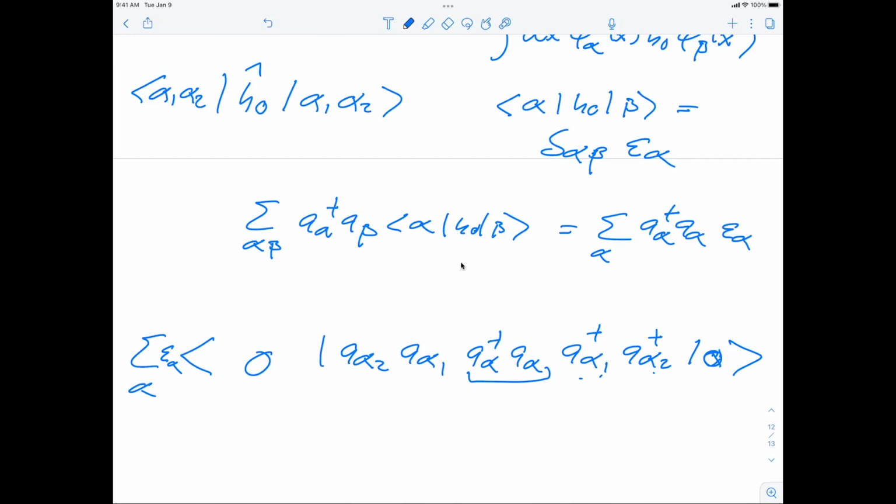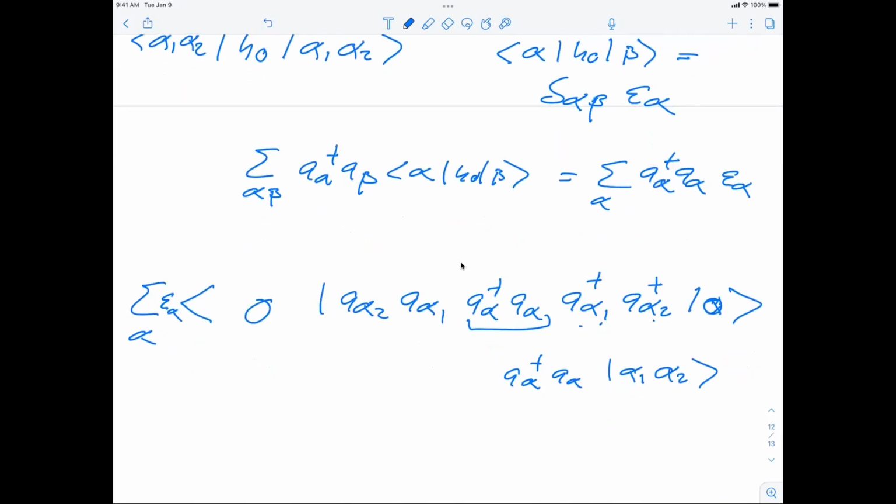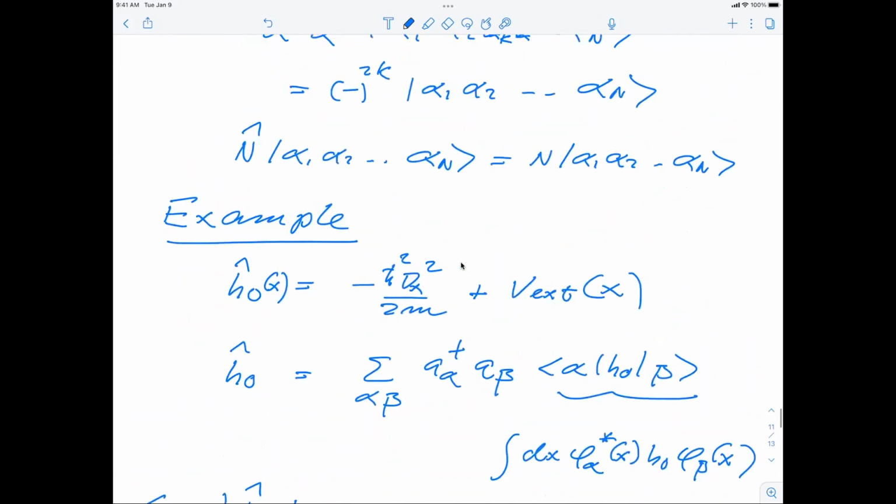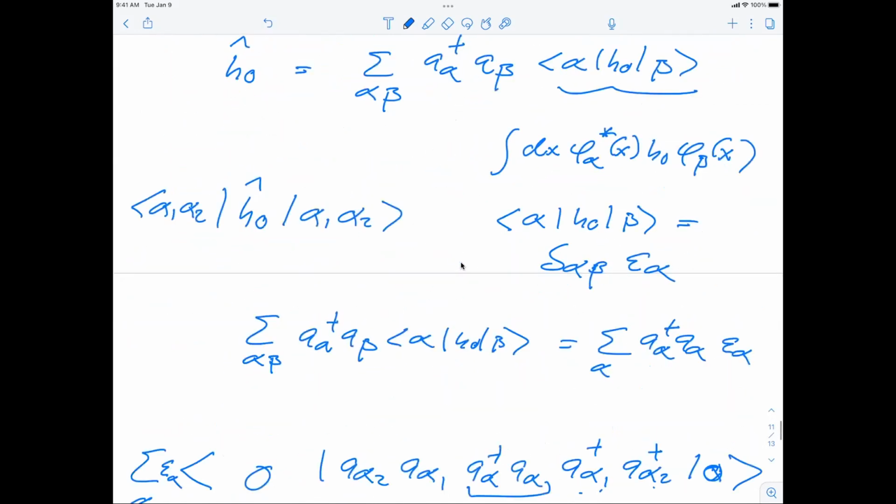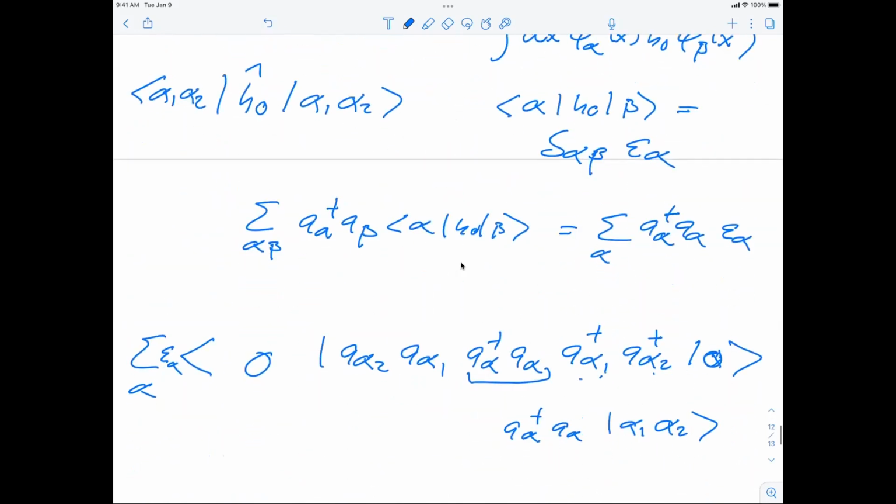So we could take a alpha dagger a alpha acting on this state alpha 1, alpha 2. If we follow the number operator which we put up here, this is similar, except that we have a constant epsilon alpha.